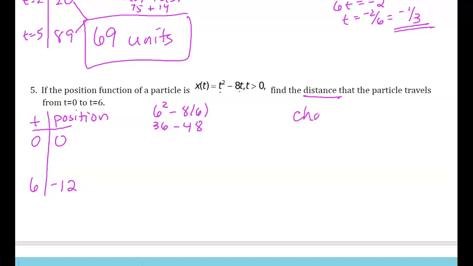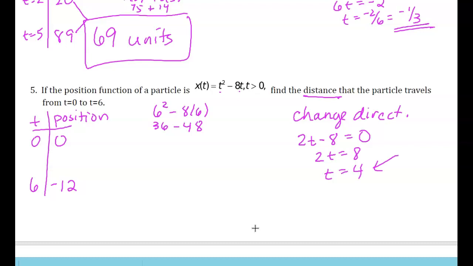So let's figure out if we did change directions. If I take my derivative, right now we would have moved 12 spaces to the left, but it doesn't matter. It's still 12 units. You don't say you moved negative 12, okay? If we add 8, divide by 2, that means we changed directions.